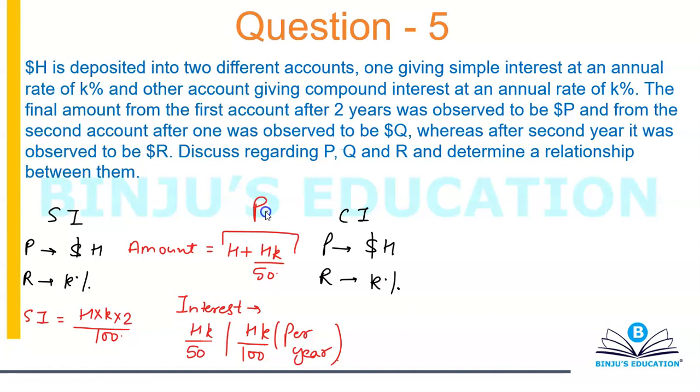Now I told you that when you talk about the first year, the simple interest is always equal to compound interest, because we don't have any additional interest on which we can calculate compound interest. We simply have the principal value and that's it.